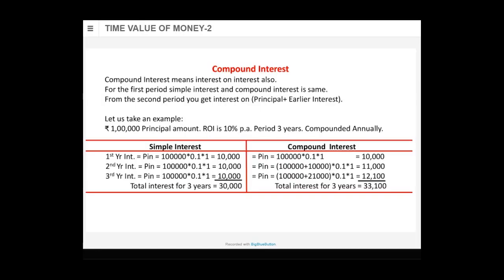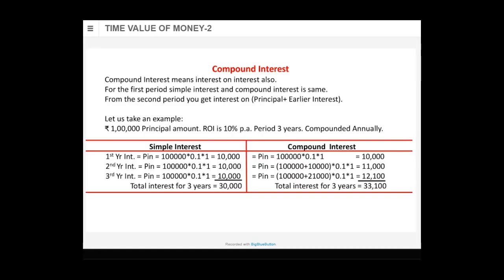That gives me 12,100. Total interest in simple interest is 30,000, whereas in compound interest it is 33,100. Compound interest is always more than simple interest.